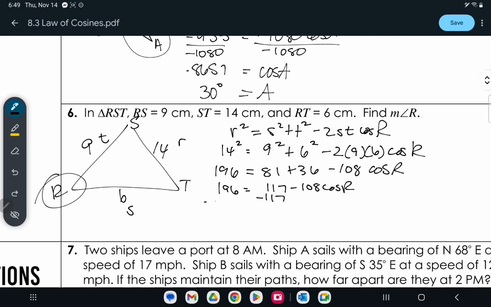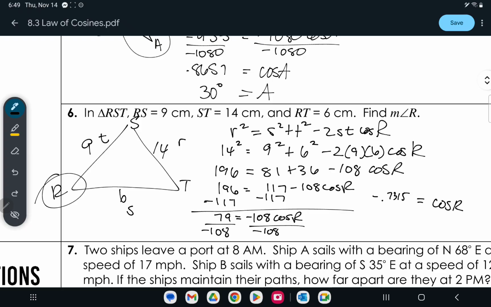Subtract 117 from both sides. So 79 equals negative 108 cosine r. Divide both sides by negative 108 and get cosine of r equals negative 0.7315. Do the inverse cosine of both sides to get the measure of angle r to be 137 degrees.